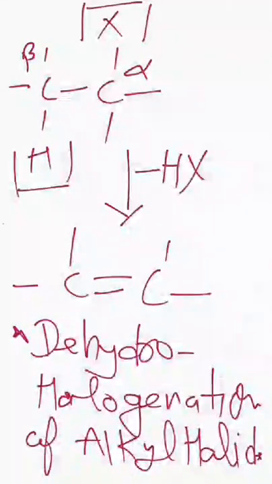The next example is dehydration of alcohols. So these two are typical examples of elimination reaction or beta elimination, the dehydrohalogenation of alkyl halide and dehydration of alcohols.